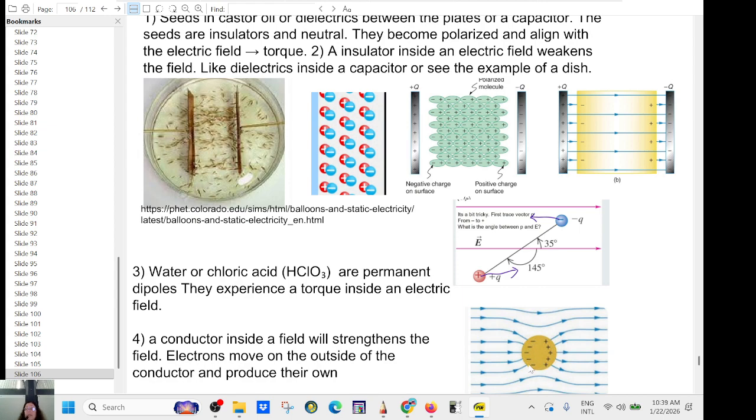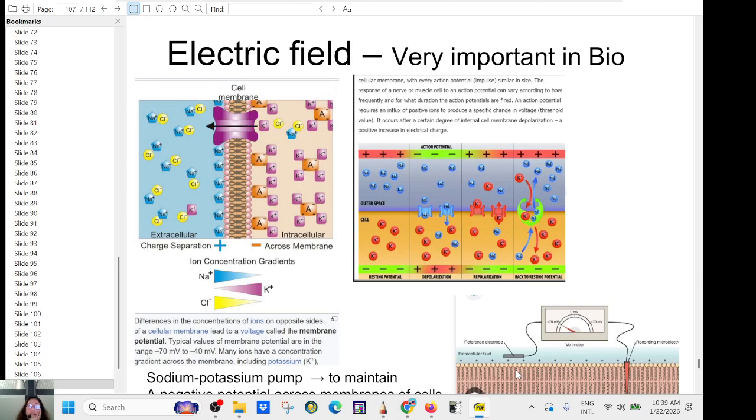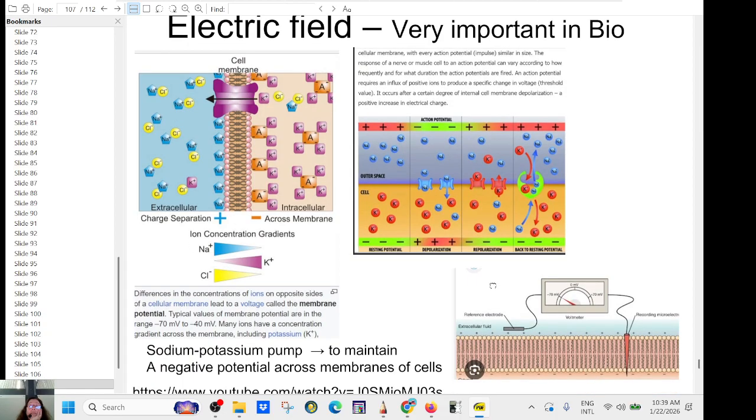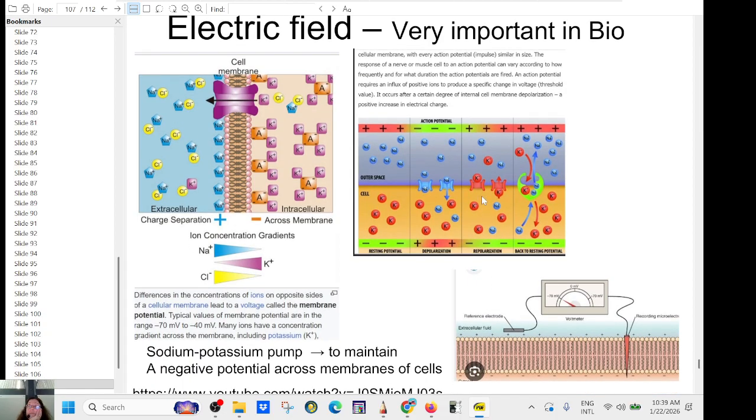So the free electrons will arrange themselves such that there is no electric field inside. Right? Are you with me? A lot of application in biology. Everything in biology is electrical in nature, but they don't tell you that. They don't want to say it's all physics, but actually, if you really look at the fundamentals, it's all physics.